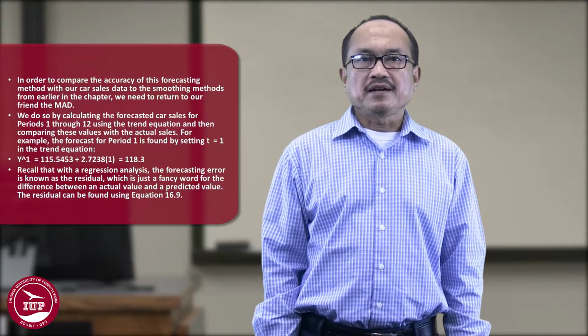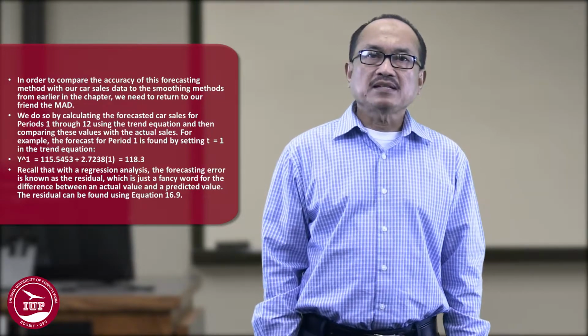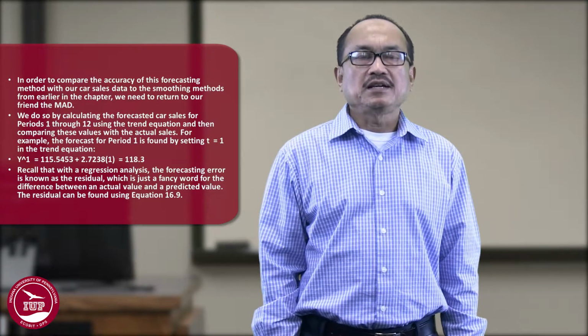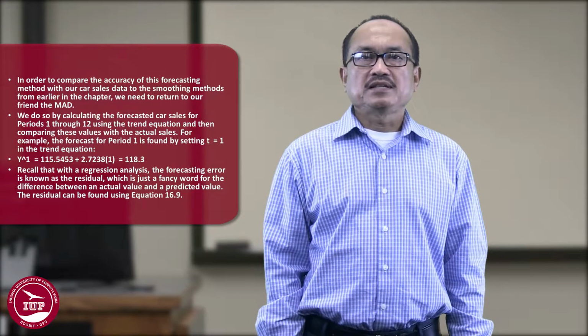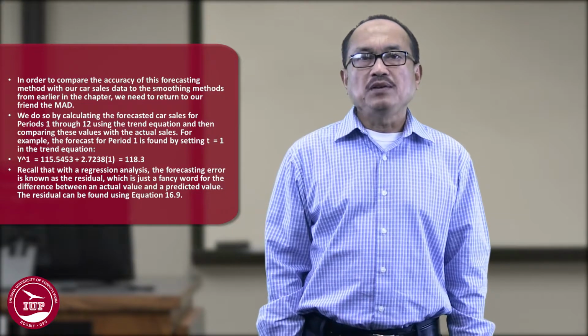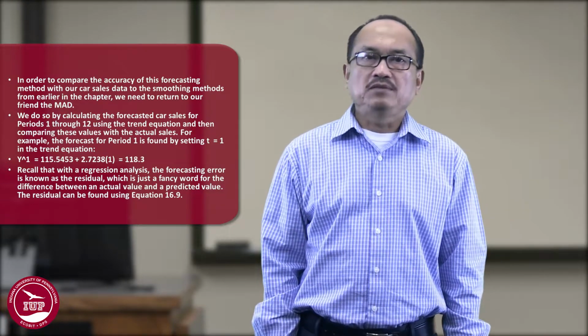Recall that with a regression analysis, the forecasting error is known as the residual, which is just a fancy word for the difference between an actual value and a predicted value.